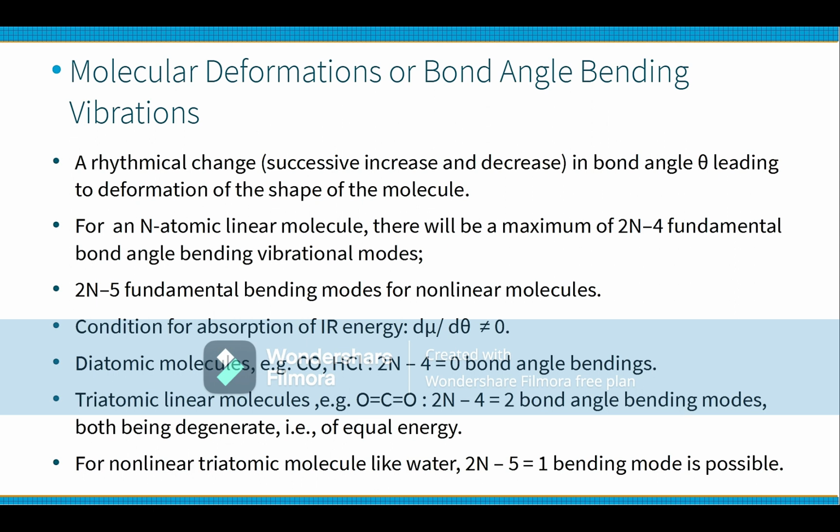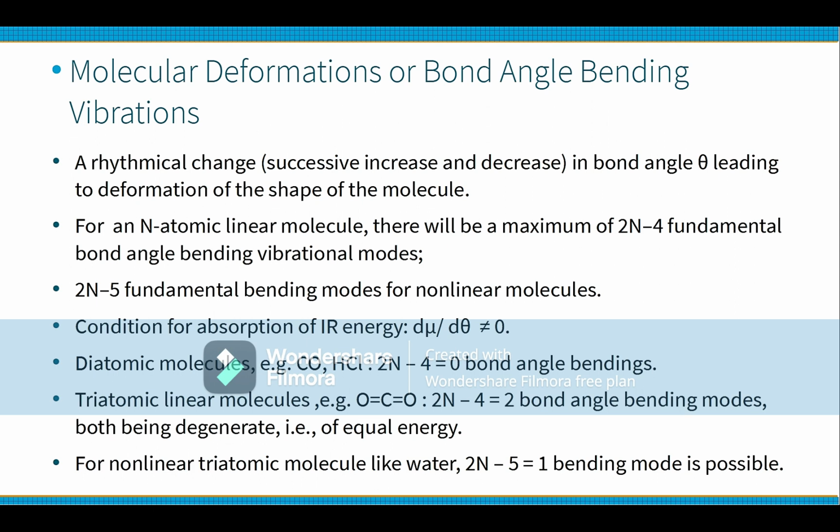This means if the molecule has only two atoms, the question of bond angle bending does not arise. If there are three atoms in the molecule and the shape is linear, for example carbon dioxide, the 2n-4 formula gives the value 2. Two bond angle bending modes. Here you see, if there are only three atoms and the shape is linear, then theoretically two bond angle bending modes should occur, one in the XY plane, another in the YZ plane.